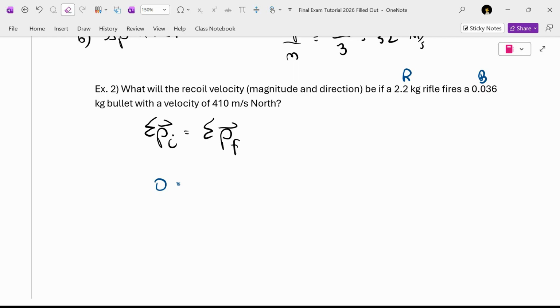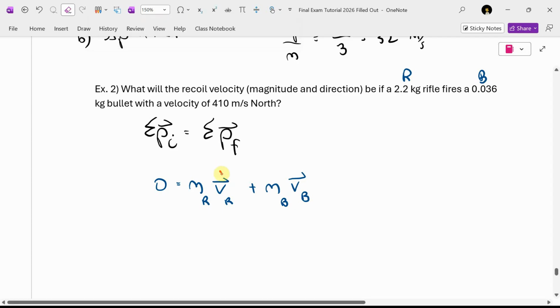There's going to be a force on the gun. I'm going to have mass of the rifle, velocity of the rifle. There's the final momentum of the rifle, plus mass of the bullet, velocity of the bullet, because momentum is mass times velocity. They want us to find this.